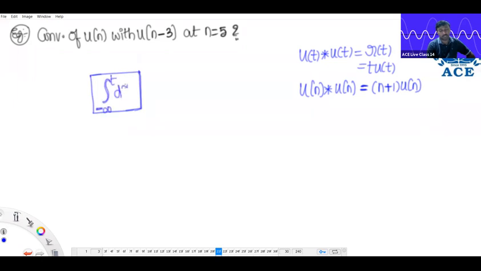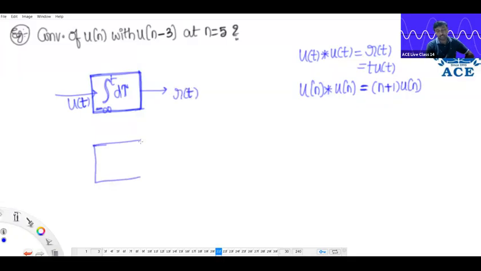This black box is the impulse response. Input impulse, output impulse response is our logic. If I integrate impulse, this black box is nothing but u(t), which is the integration of impulse. That becomes ramp, u(t) convolved with u(t).